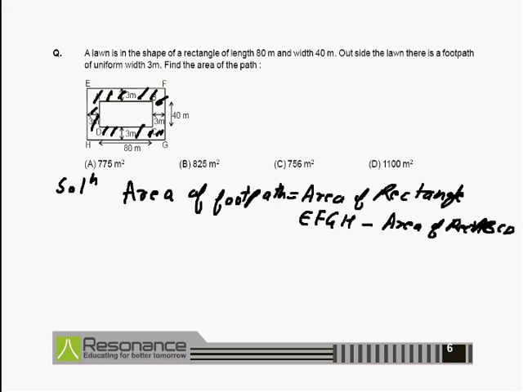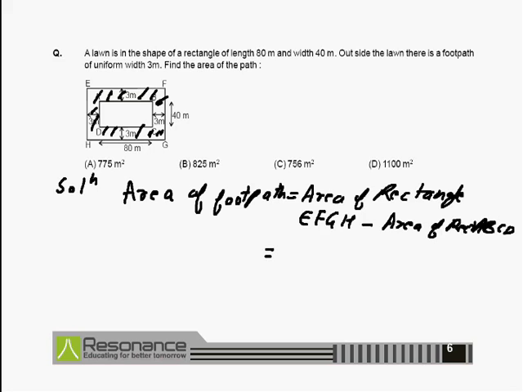The area of rectangle EFGH is length into breadth. We know that the length of CD is 80. Here it is 3 meter wide, that is 80 plus 3, 83, and here it is also 3.